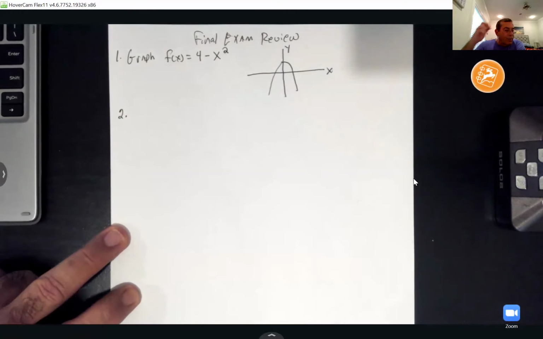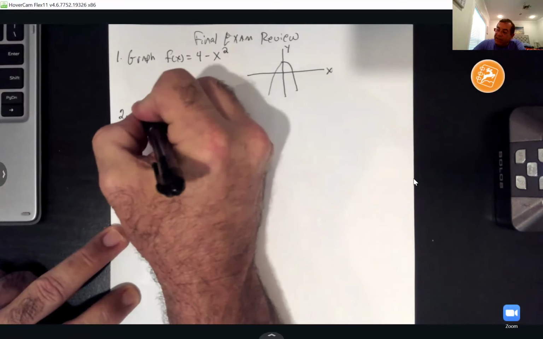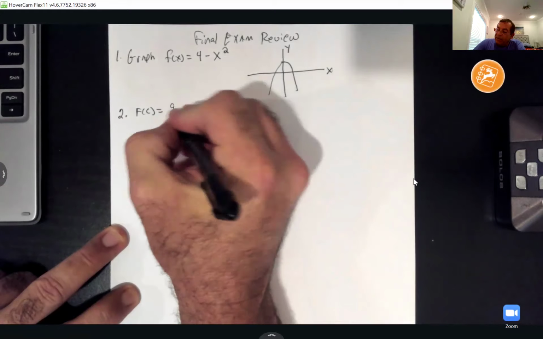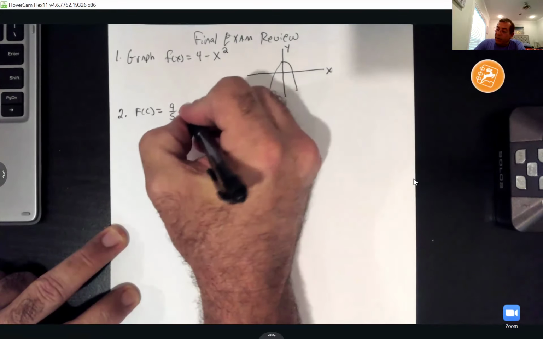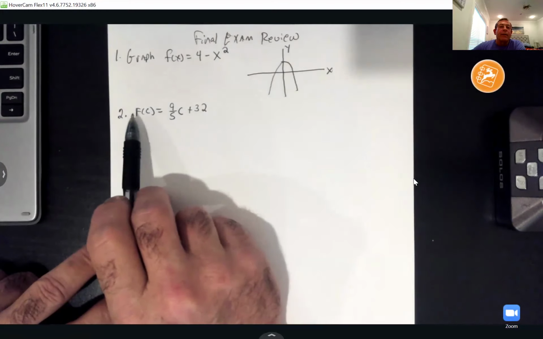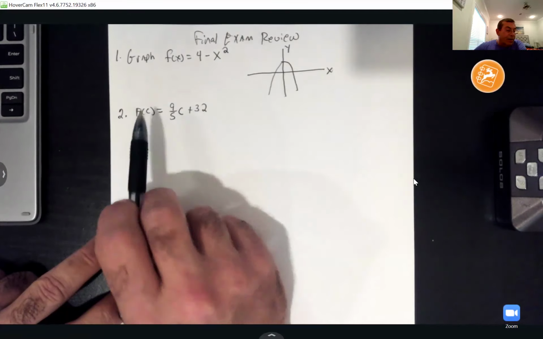All right, number two, they're giving me a function f of c equals 9/5 c plus 32. So remember, that's the Fahrenheit temperature given the Celsius temperature. We're going to find the Fahrenheit.